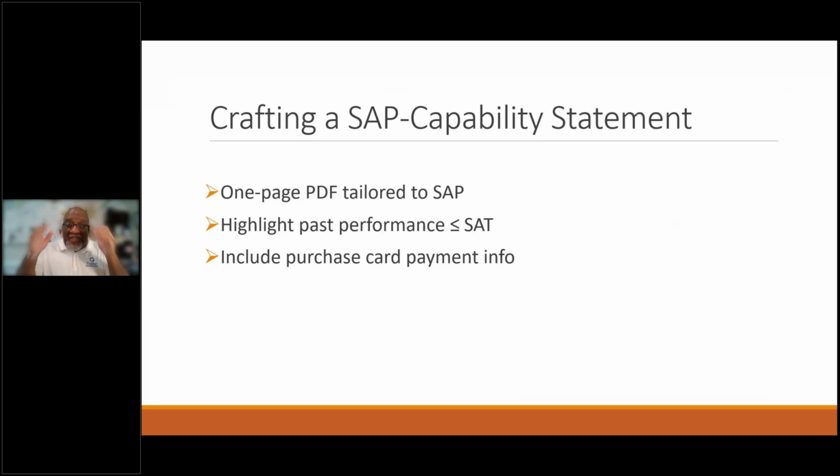So when the government is thinking about simplified acquisitions, it's like, oh, I've got someone who understands the language and is marketing themselves as capable of doing work at this threshold. Nothing wrong with having one for larger than SAP for the unrestricted, but you should have a SAP-centric capability statement.